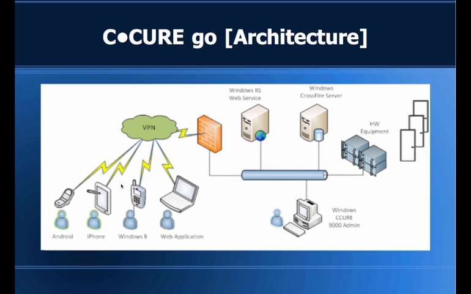Secure Go consists of two pieces of software integrated in the Secure 9000 landscape. The first is the Secure Go mobile application. The second is the web service that is installed and configured on the same network as the Secure 9000 server, or can be on the same machine as the Secure 9000.